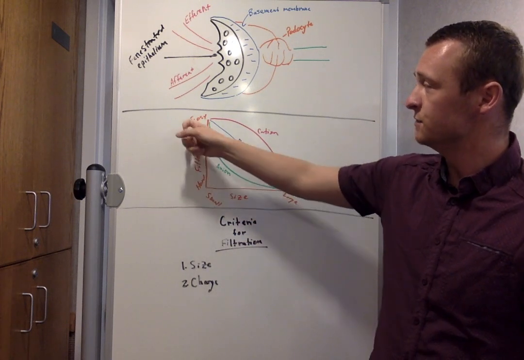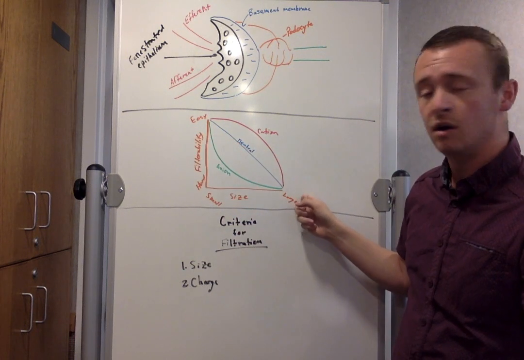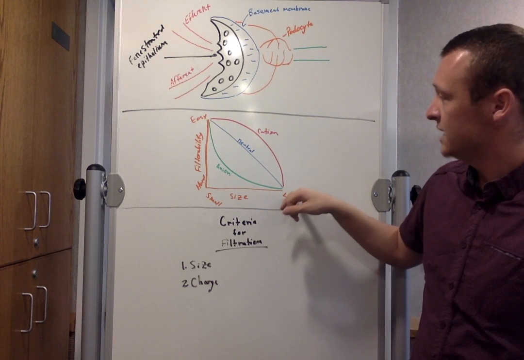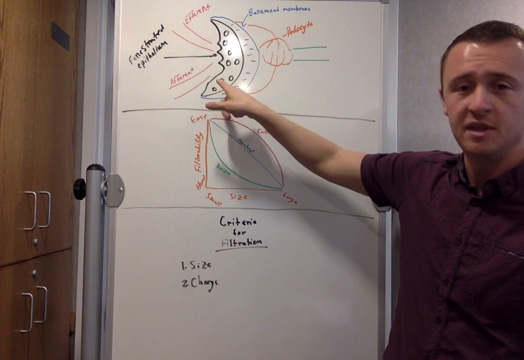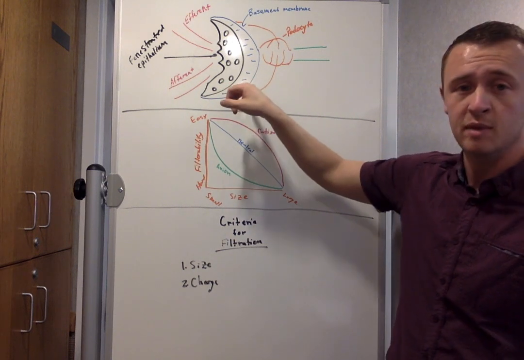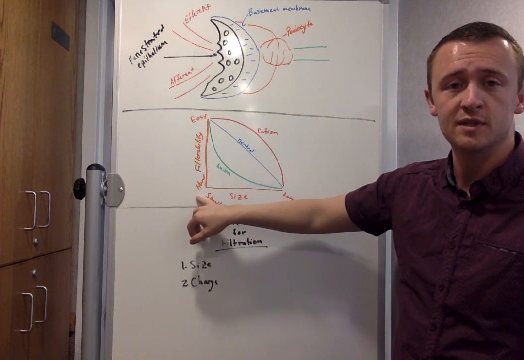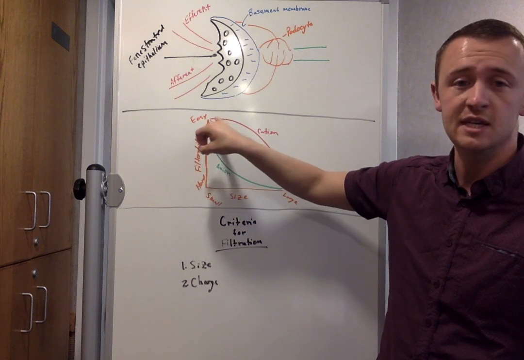So it's easier to filter the higher you go, and the larger size is to the right. So a larger cation will filter slower, has to filter through the fenestrate epithelium, as well as these two membranes. Smaller particles will filter easier. Small cations will filter the easiest.